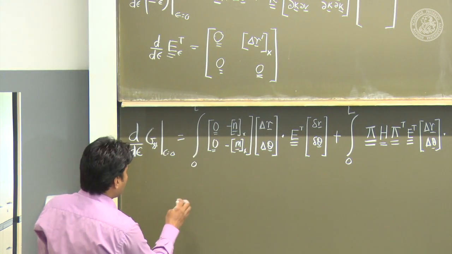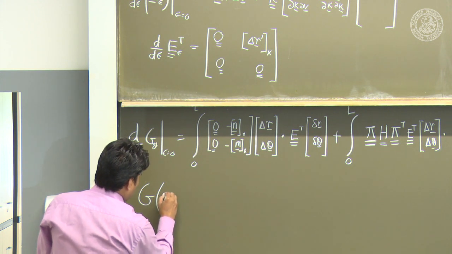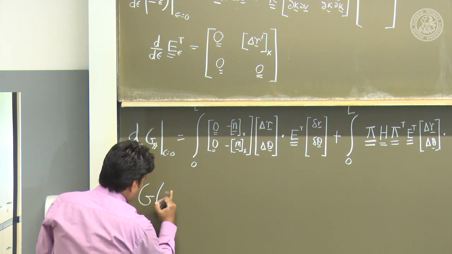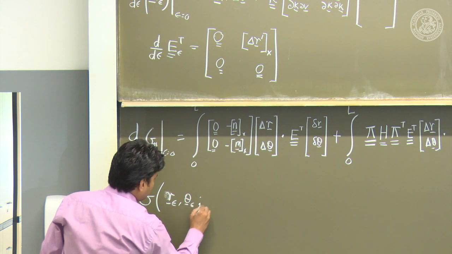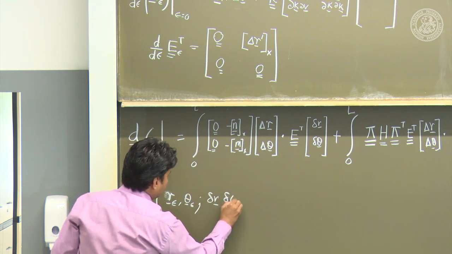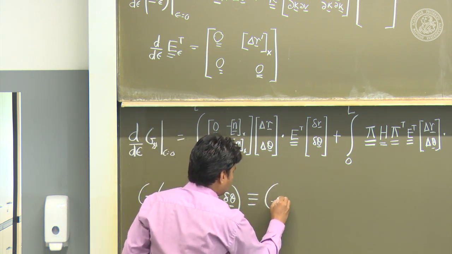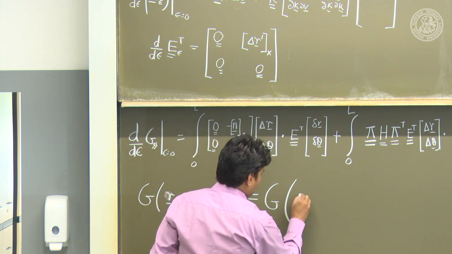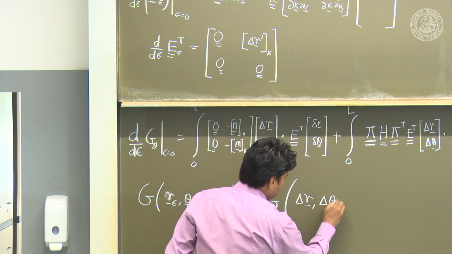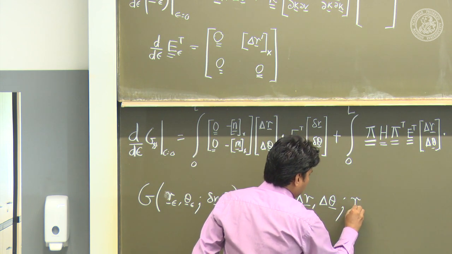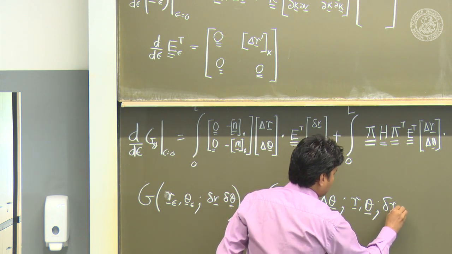So just to give you a recap, so we had your G at your little r epsilon, little theta epsilon, and del r del theta, which you could also think of as some G of little r little theta, del r del theta, with the increments delta r delta theta.